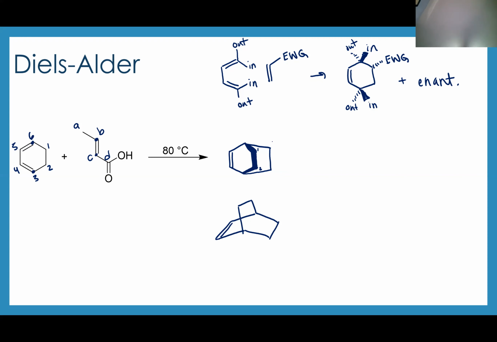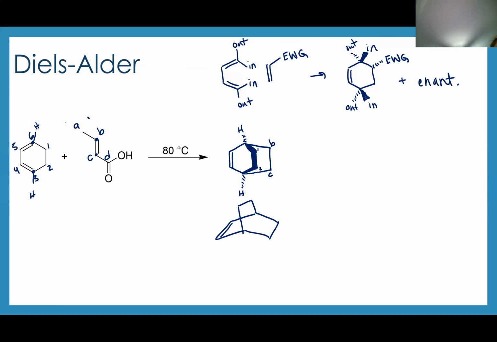So this is carbons B and C. Now, the tricky thing here is that our outside group was a hydrogen. So if you want to draw those in because it helps you, you can do that. But the electron withdrawing group should be going in the same direction as the hydrogens.